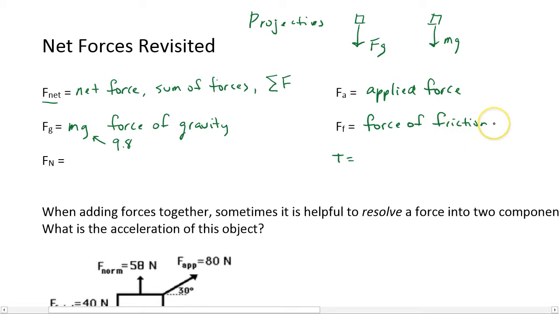We have a formula for force of friction. Ff is equal to another Greek letter, mu, multiplied by the normal force. Now, mu here is known as the coefficient of friction.